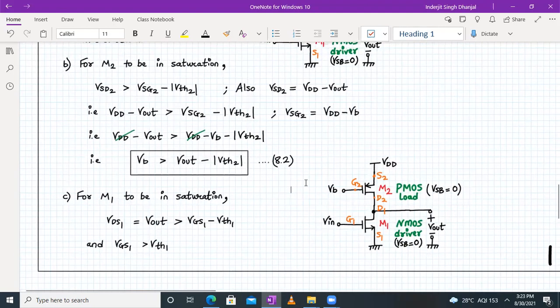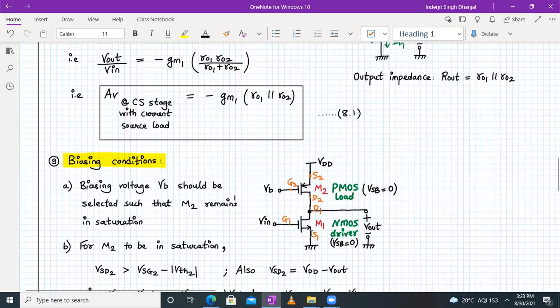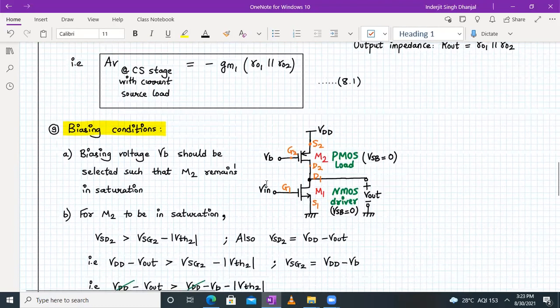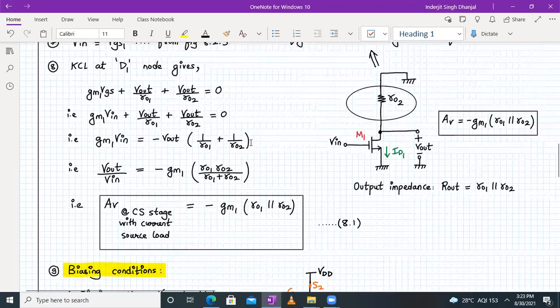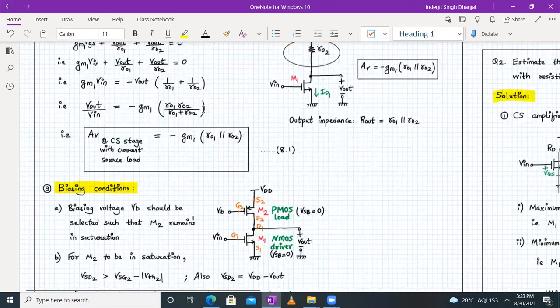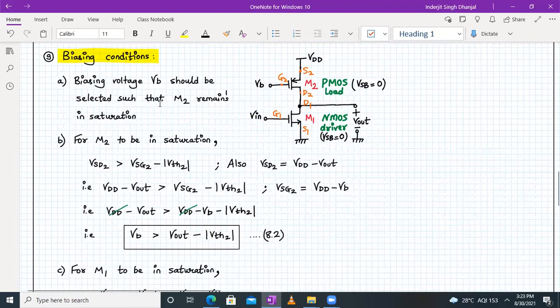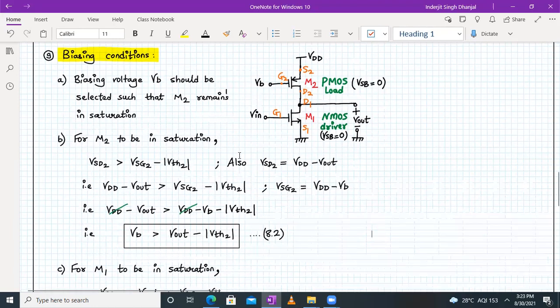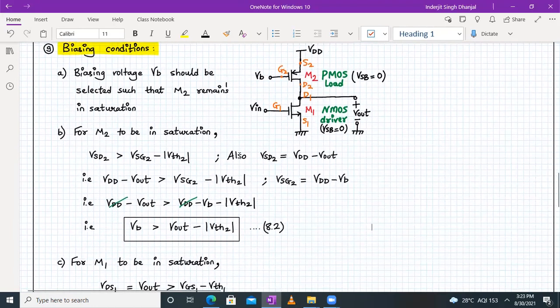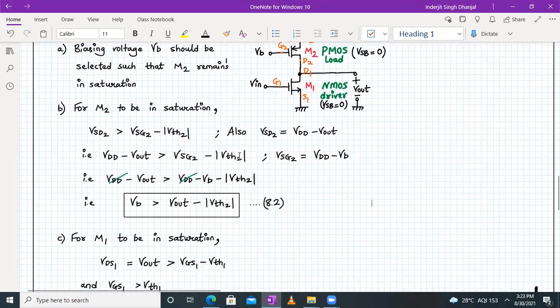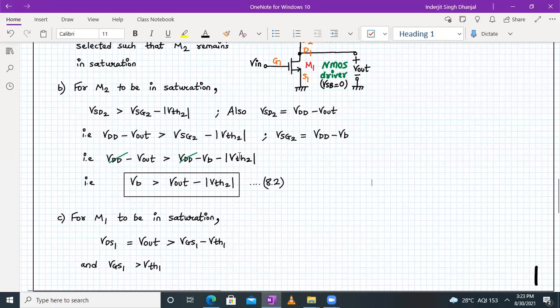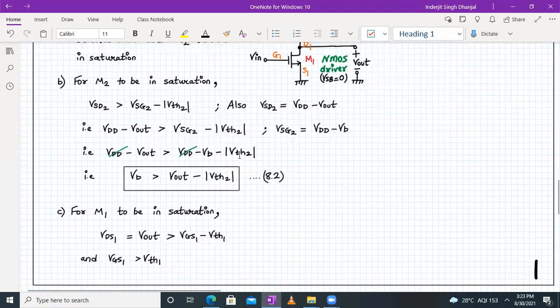So this is all about the biasing conditions for M1 and M2 to remain in saturation. So we have found the condition on VB for the M2 transistor to remain in saturation, and similarly the conditions for the M1 transistor.